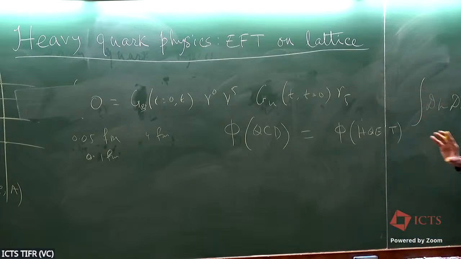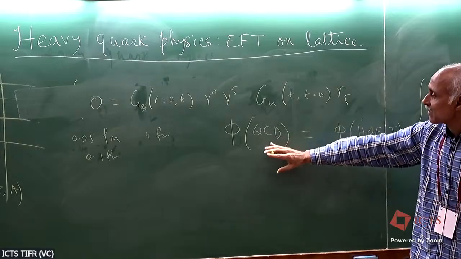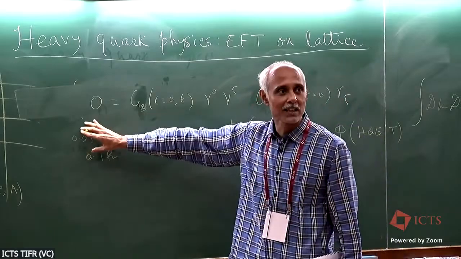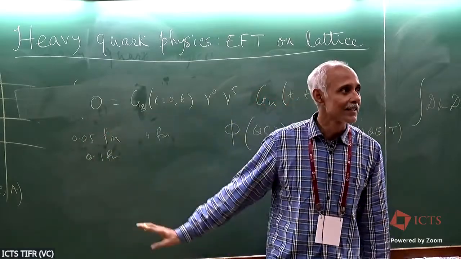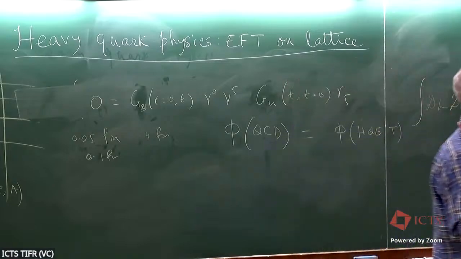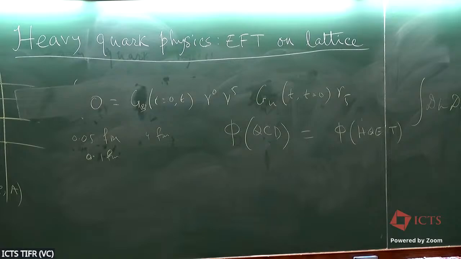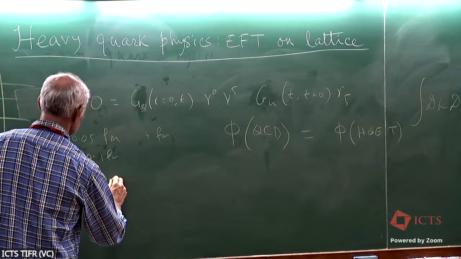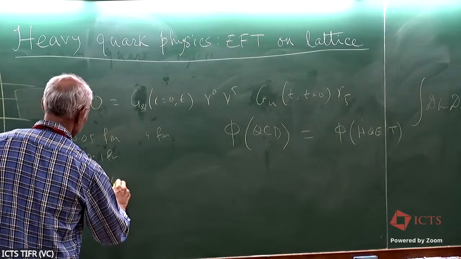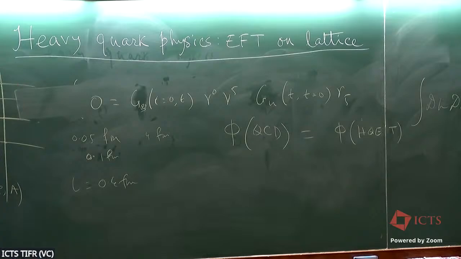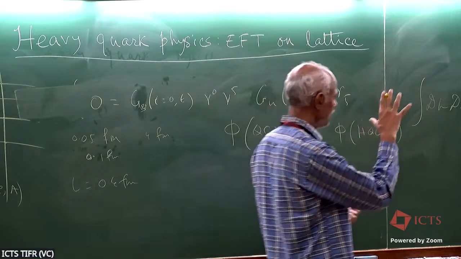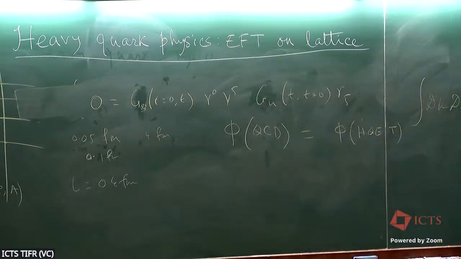First you do the matching without caring about the size of the lattice. I want to do the full QCD calculation, so clearly I need a small lattice spacing. So let us get rid of the requirement of the lattice being sufficiently large. Let us do the matching at a lattice of, let's say, L equal to 0.45. So you calculate a bunch of observables.